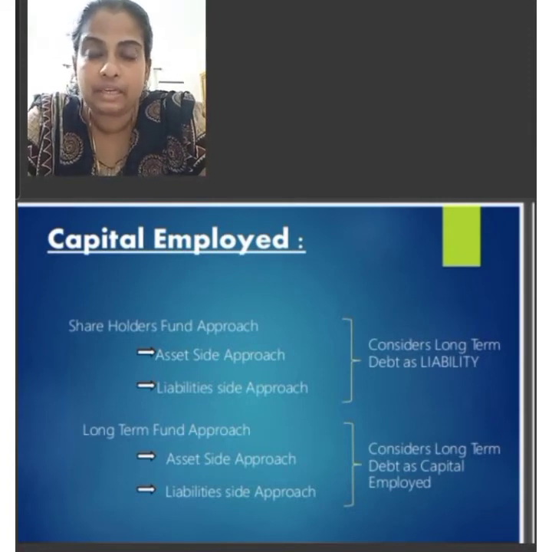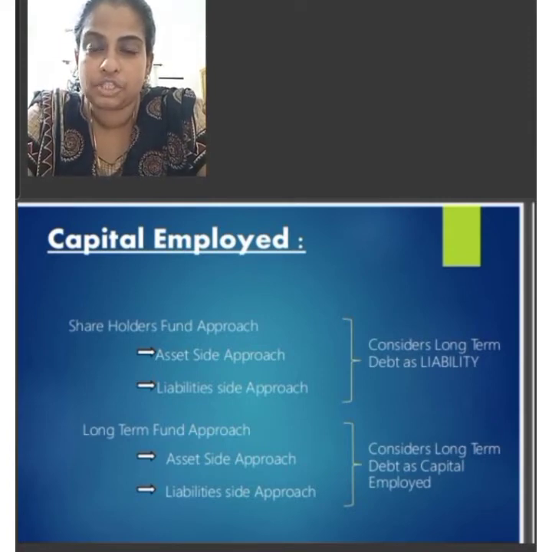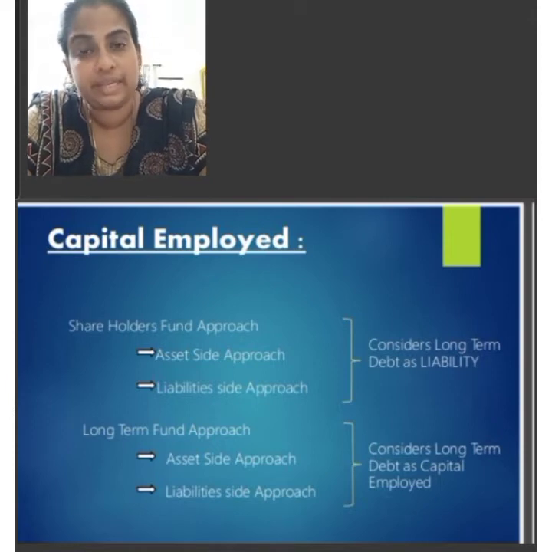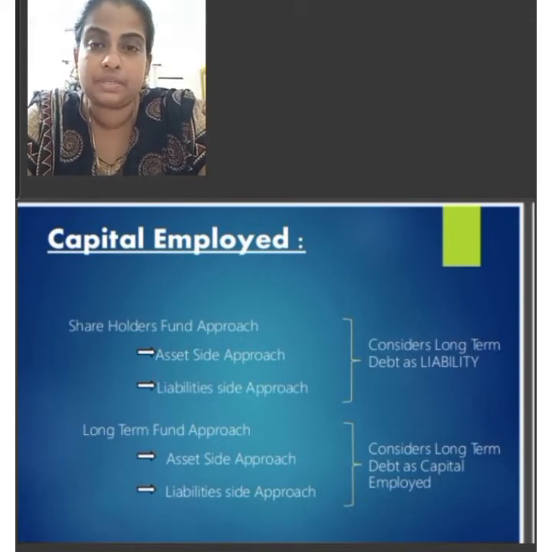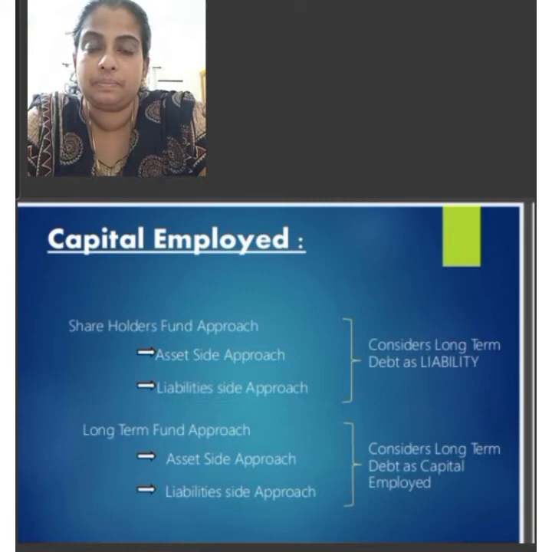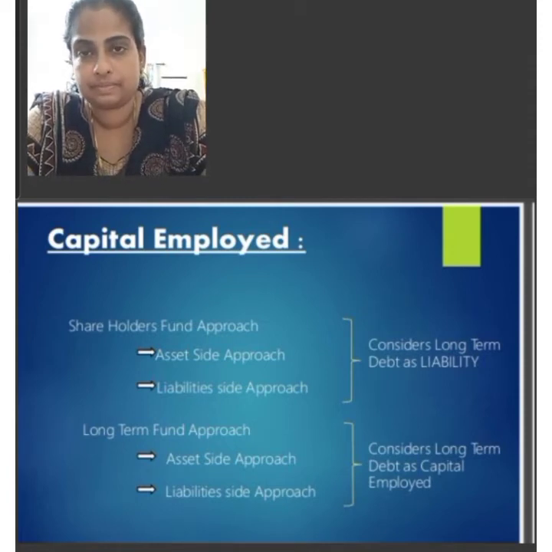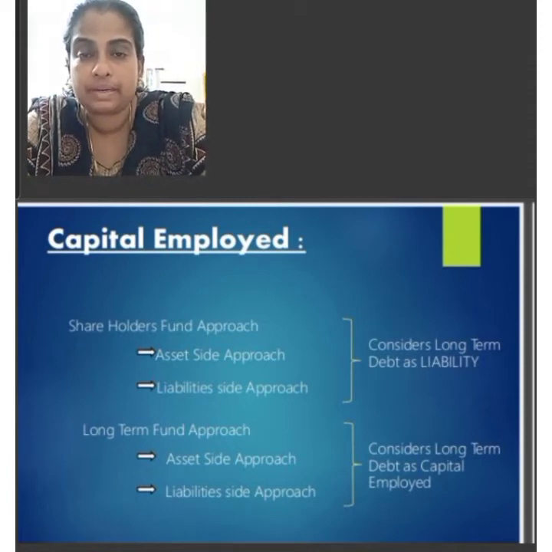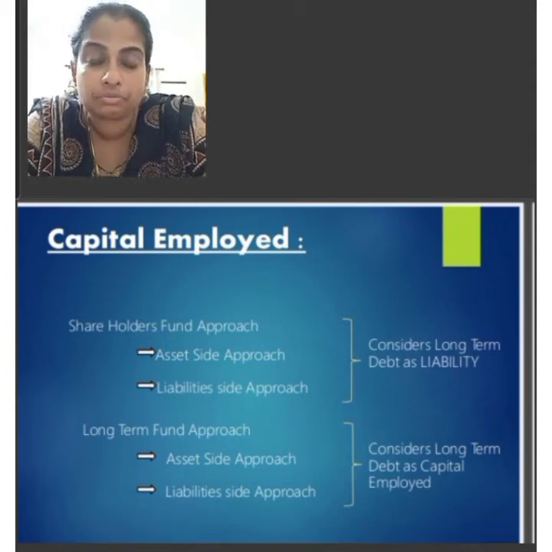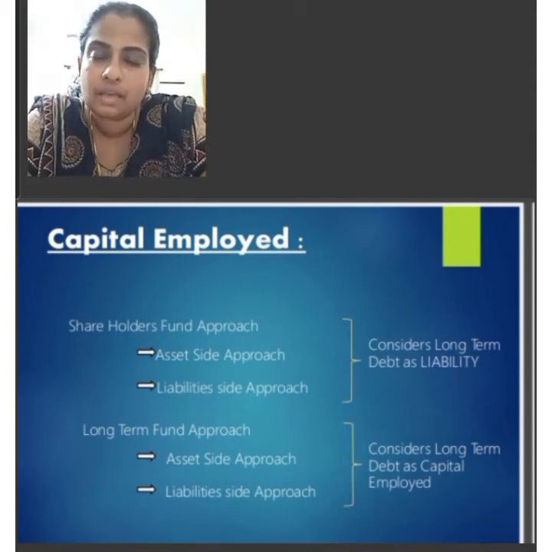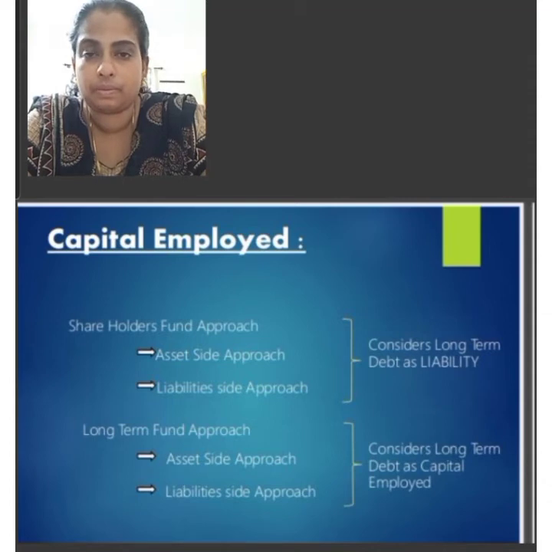Equity includes share capital. Share capital includes equity share capital and preference share capital, reserves and surpluses, accumulated profits, and profit and loss account credit balance. Sometimes preliminary expenses or discount on issue of shares or debentures, that is, fictitious assets, may be given in the problem.